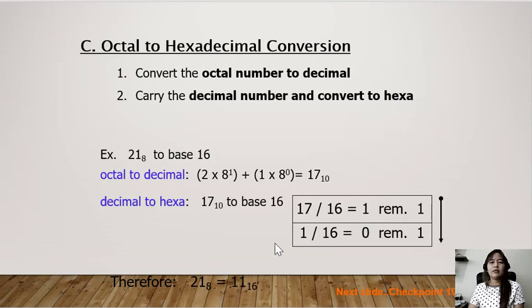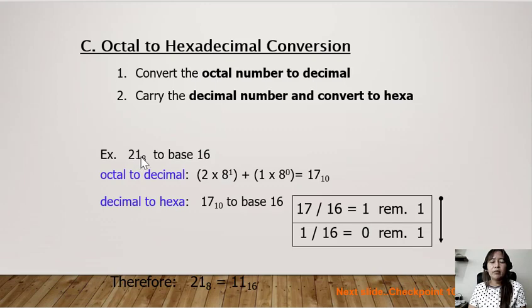Okay, now the next one is going to be converting octal to hexadecimal. In converting octal to hexadecimal, we need to convert the octal number to decimal or binary first, and then convert it to hexadecimal. Just like what we have learned before, to convert octal 21 to decimal, you look at the value: 2 times 8, because it's an octal value, to the power of 1 because that's the placement.